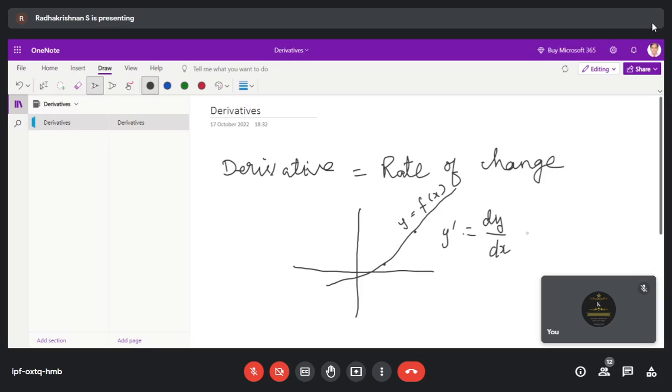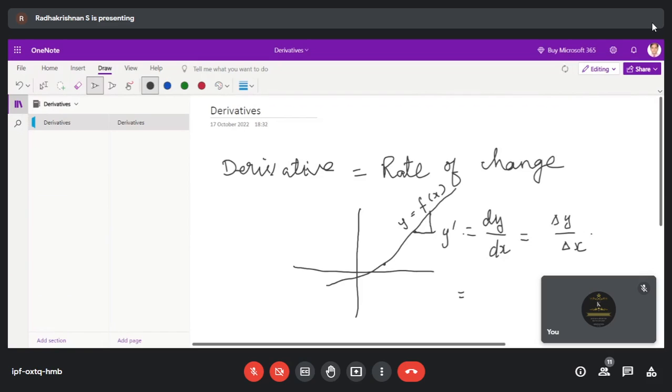Okay, so derivative is defined as change in the dependent variable by change in independent variable. Okay, what is the rate of change of the dependent variable when the independent variable changes, that is delta y divided by delta x. Okay, now what is delta y? Suppose here, what is the change?